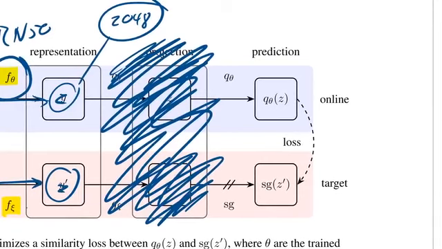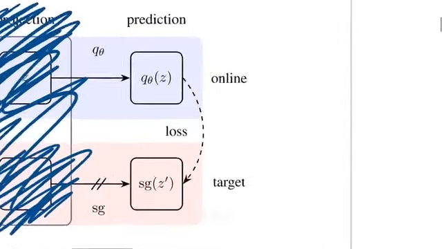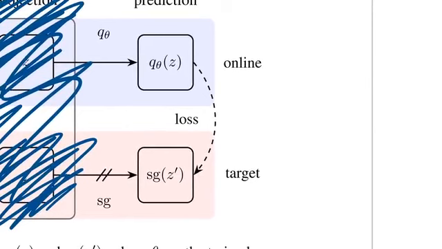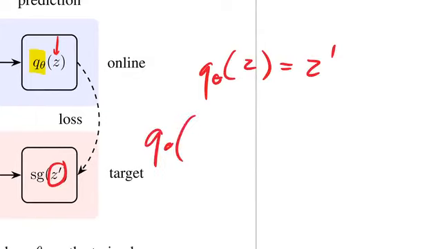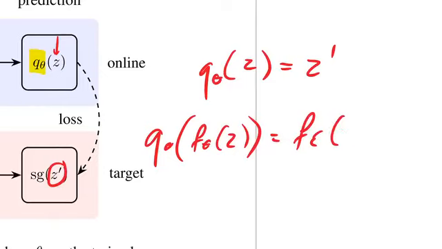Okay. So what happens is we take the representation, and now we have one neural network, the predictor, right here, that takes the representation of one of the image versions, and it simply tries to predict the representation of the other image version. So what you want is that Q of Z equals Z prime. Okay, and if we expand that, it is Q of F of Z is equal to F target of Z prime.